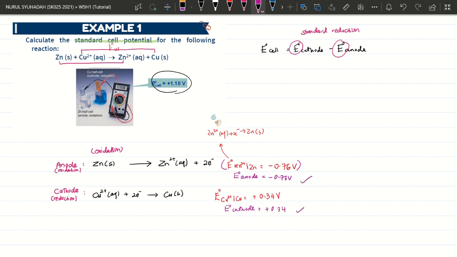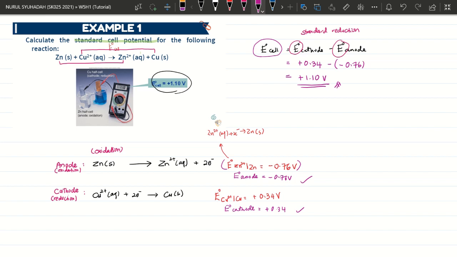Once you have determined these two values, you can straight away substitute into the equation. So it will be positive 0.34 minus negative 0.76, and we will get positive 1.10 volt. This is how you calculate the standard cell potential from calculation.